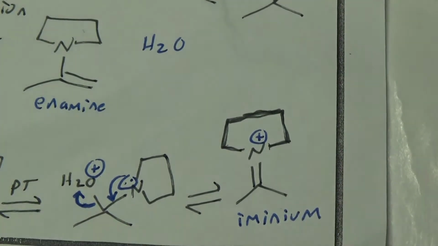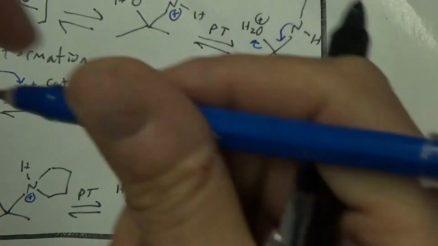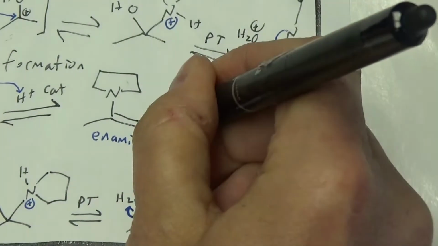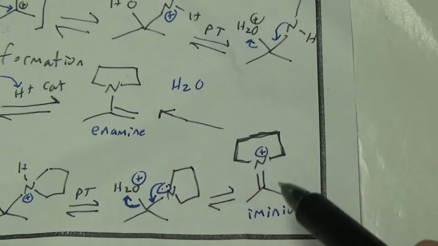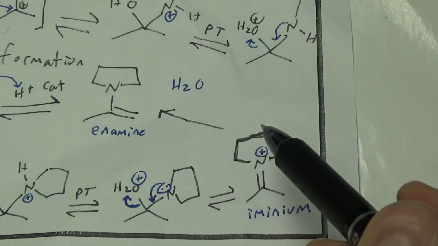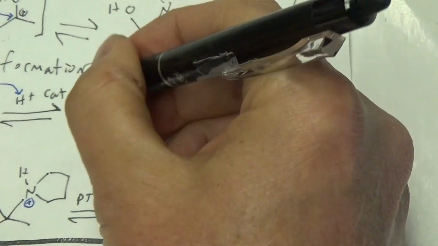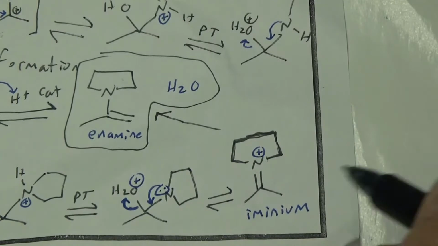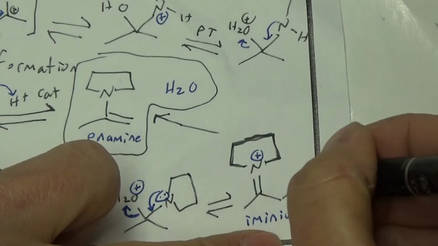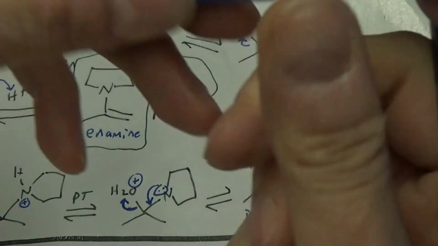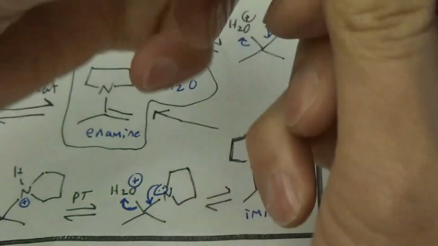Okay. And what's the last step? The last step is usually irreversible, to make the enamine. It's an acid-base reaction where this proton now gets ripped off by some base, and I'll just draw B dot dot.